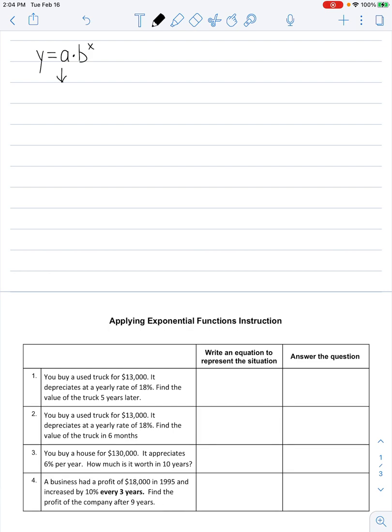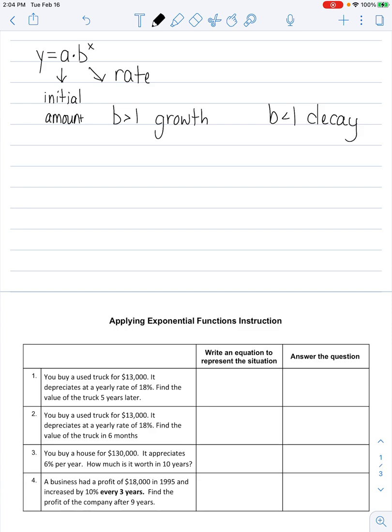Remember we use a to represent our y-intercept or our initial amount, and b represents our rate of change. I do want to refresh your memory that if b is greater than 1, that represents growth, and if b is less than 1, that represents decay.